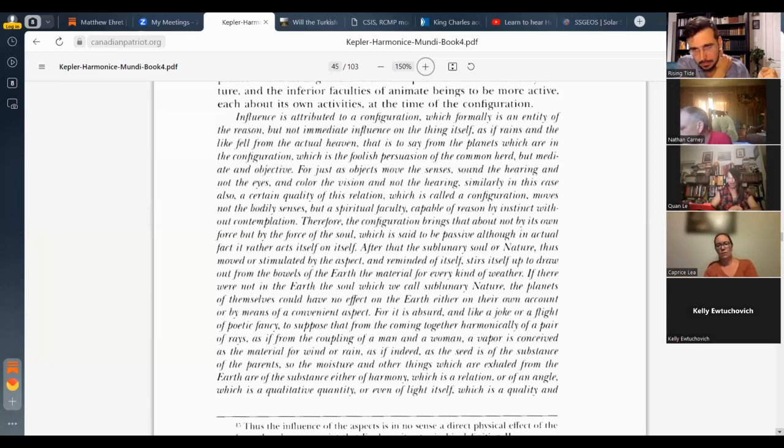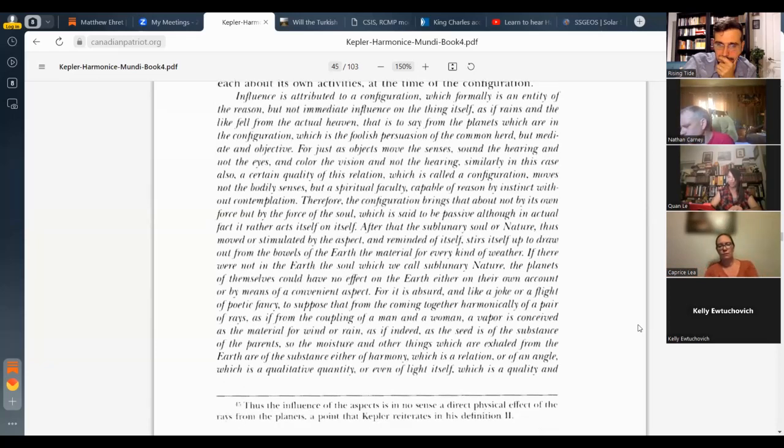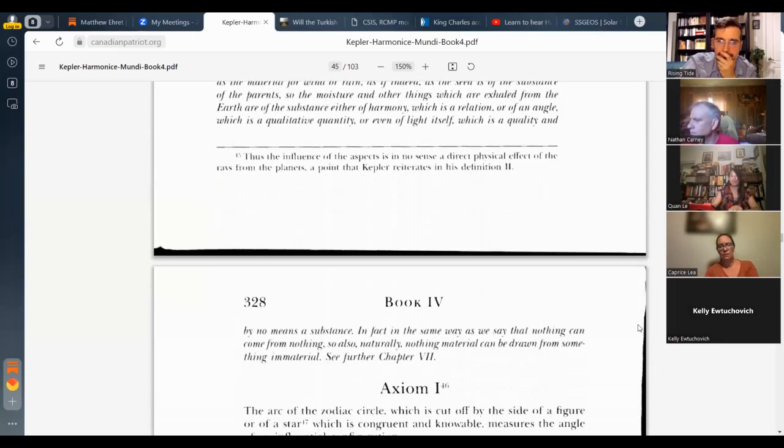For it is absurd and like a joke or a flight of poetic fancy to suppose that from the coming together harmonically of a pair of rays, as from the coupling of a man and a woman, a vapor is conceived as the material for wind or rain, as if indeed, as the seed is of the substance of the parents, so the moisture and other things which are exhaled from the earth are of the substance either of harmony, which is a relation, or of an angle, which is a qualitative quantity, or even of light itself, which is a quality and by no means a substance.